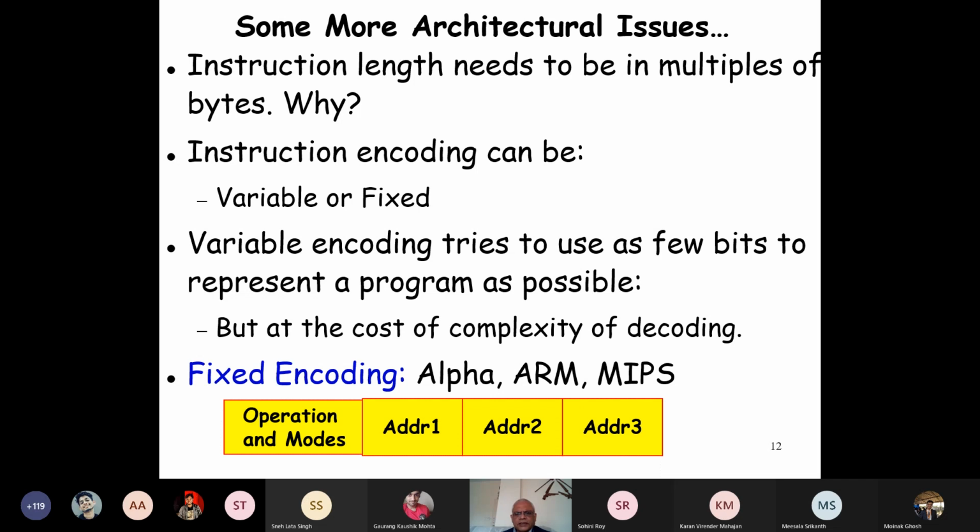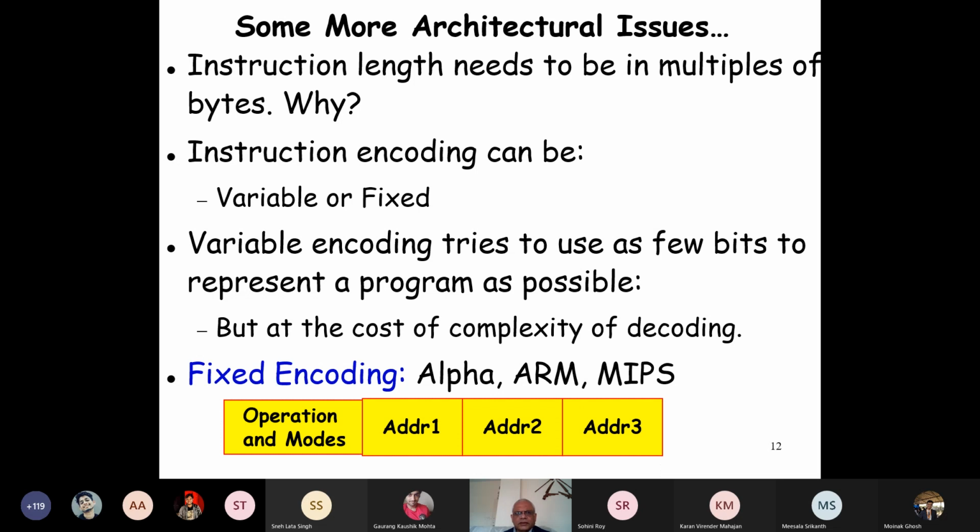Now let's say your instruction length is 9 bits. So you will have to do 2 read operations to get it. And for 1 bit, you have to do 1. So it becomes very inefficient.